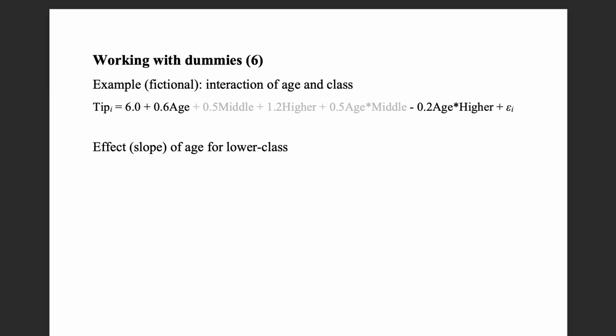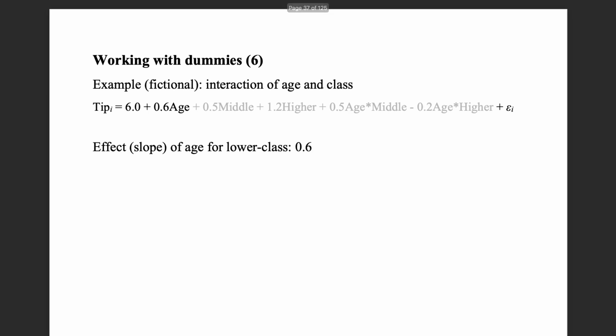So we can also drop this interaction term from the model because it doesn't add anything for this class of cases. The same is also true for the last interaction term, because these are lower class people, therefore not higher class people. Therefore they get the value 0 on the higher class dummy, which means that we would multiply this minus 0.2 times age times 0. Multiply something by 0, you get 0, and you can drop it from the equation.